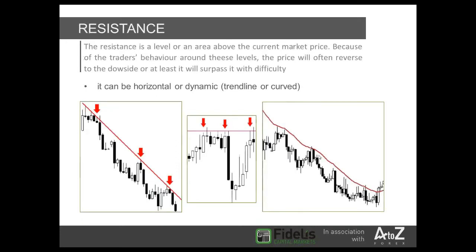Moving on, the resistance is basically the mirror of the support. Especially in the currency market, guys, try to understand that currency markets are a lot different from equities, from stocks. Why? Because currencies are moving up and down. It's not like a stock.